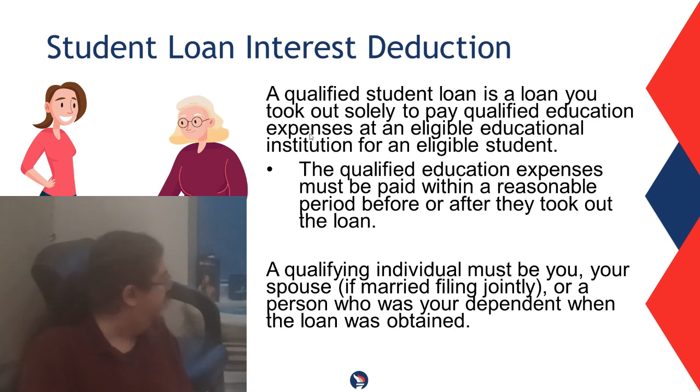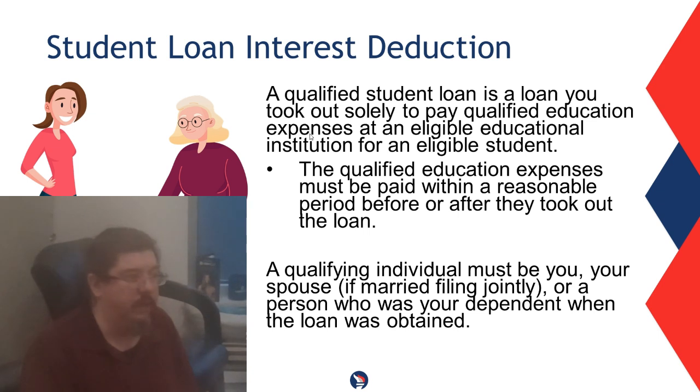So a qualified student loan is any loan that you took out solely to pay qualified education expenses. And you can take this deduction for the expenses of yourself, your spouse, or anybody who was your dependent at the time the loan was taken out. So it can take 10 or more years sometimes to pay off a student loan.